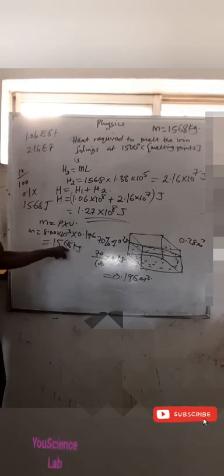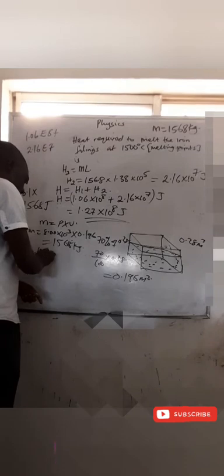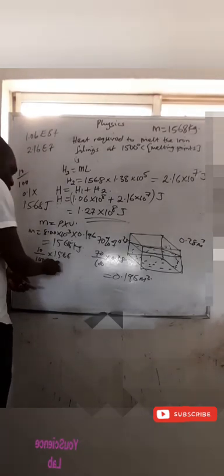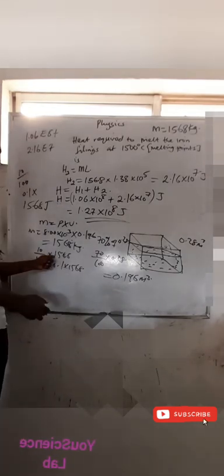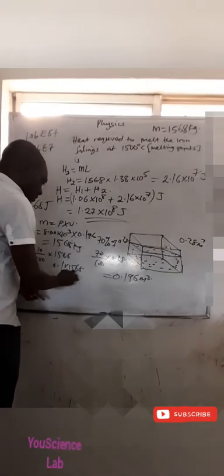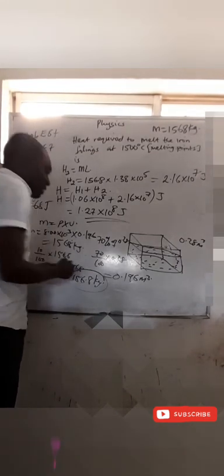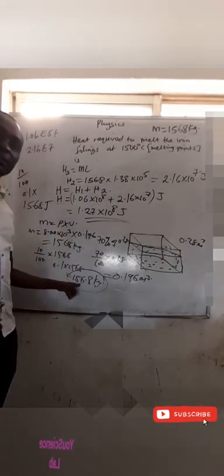But after that, we should calculate the total heat that will be required to melt 10% of this. 10% of this is 10 over 100 times 1568, which is 0.1 times 1568. When we multiply that, this will give us 156.8 kilograms. This is what is required to melt.